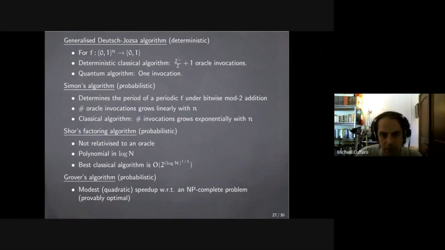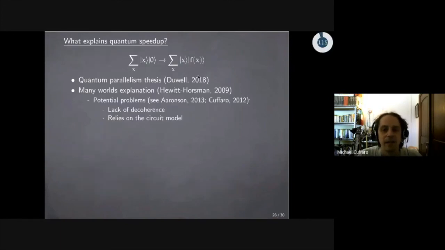With respect to the oracle, you can do a lot better with the classical probabilistic algorithm than you can with the classical deterministic algorithm, which makes the quantum algorithm less impressive.